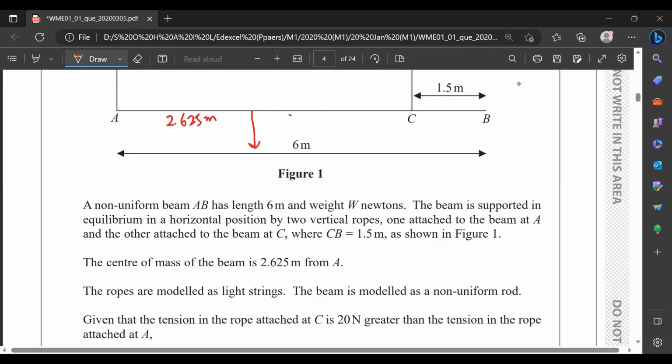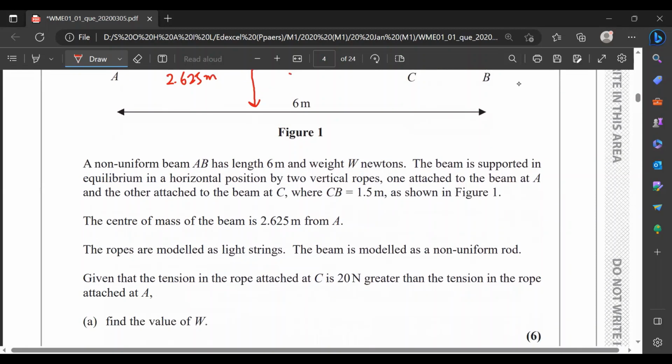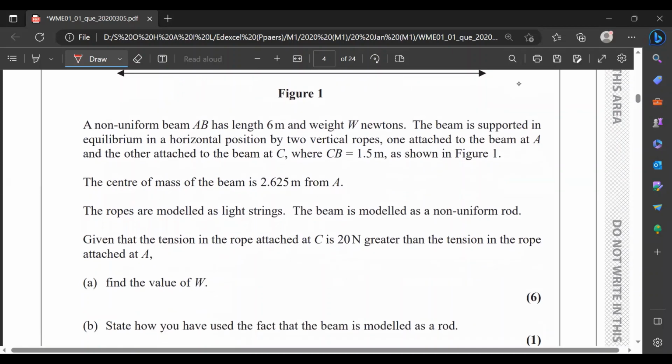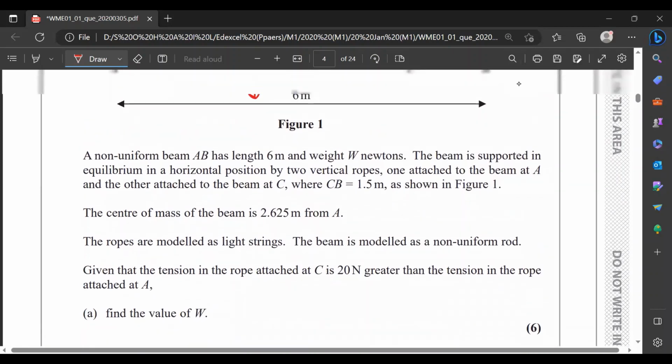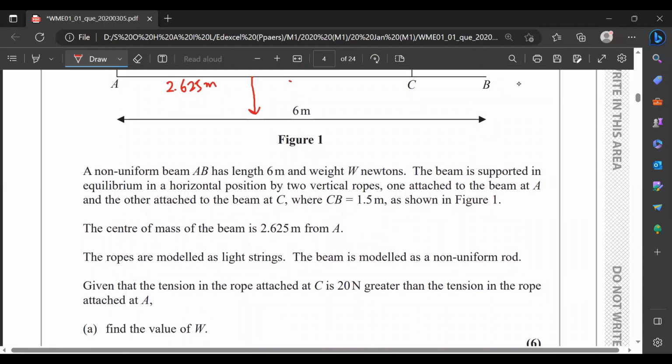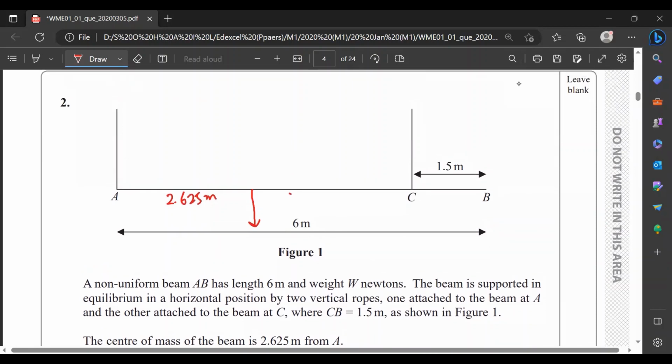The rope is modeled as light strings. The beam is modeled as a non-uniform rod. Given that the tension in the rope attached at C is 20 newtons greater than the tension in the rope at A. So let the tension at A be T newtons.